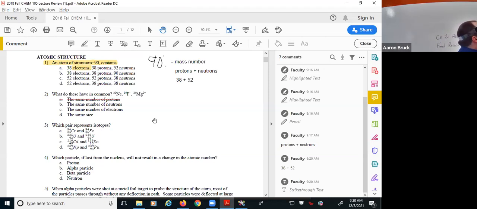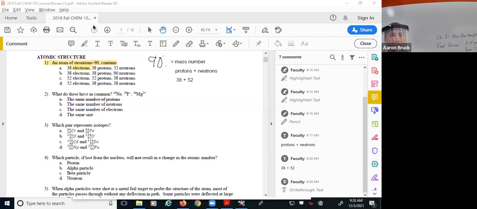So what do these 3 have in common? Well, the easiest way to go about it is to start breaking down their structure. So neon is element number 10. It has 10 protons, 10 neutrons, 10 electrons.